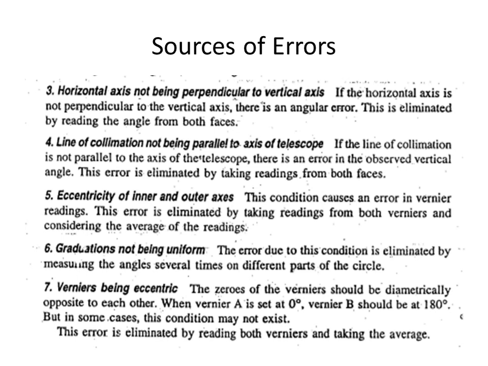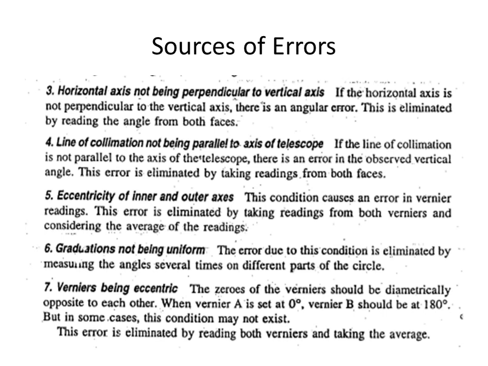This condition causes an error in vernier reading. This error is eliminated by taking readings from both verniers and considering the average of the readings, that is face left and face right. Similarly, the next type of source is graduation not being uniform. This error is eliminated by measuring the angle several times on different parts of the circle.